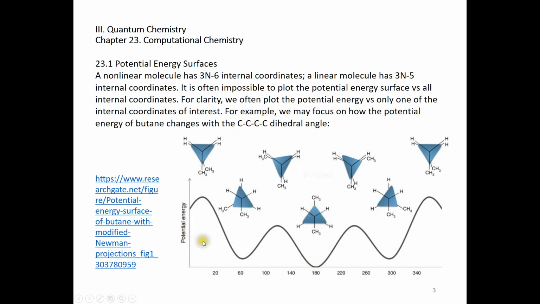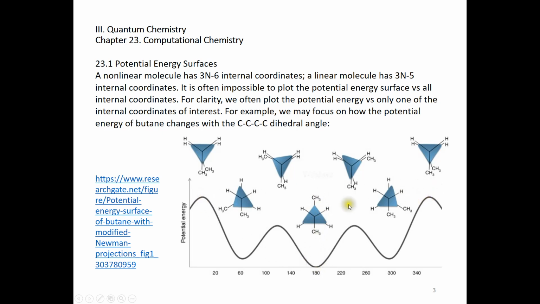So right here, I think we have the lowest energy when this dihedral angle is 180. Well, this is simply because if you look at this methyl group and this methyl group, one is pointing up, one is pointing down. We avoided the steric hindrance between the two methyl groups. That's why it has the lowest energy.